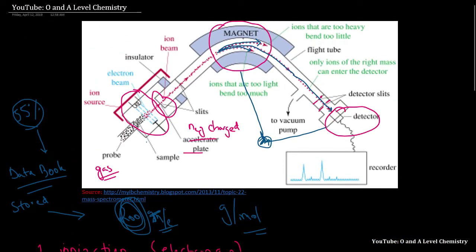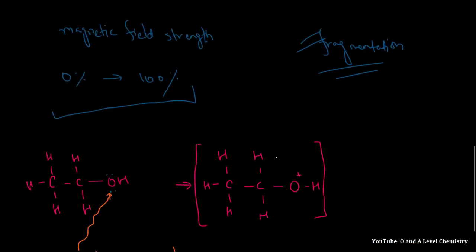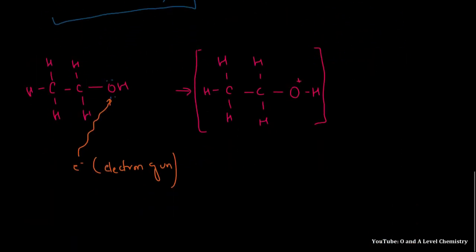So when this guy goes into the sample, you know that this guy's mass is what? Let's calculate. You have two carbons, so that's 2 times 12, plus you have 6 hydrogens, so that's 6 times 1, plus you have 1 oxygen, which is 16.